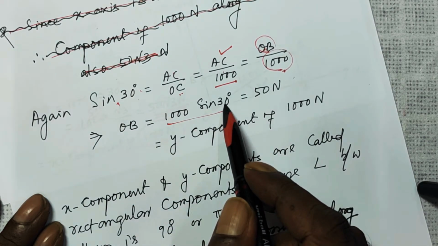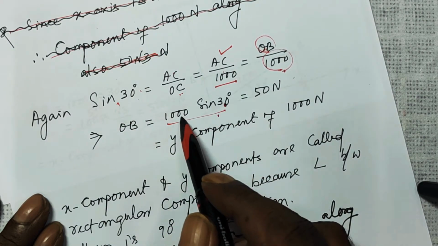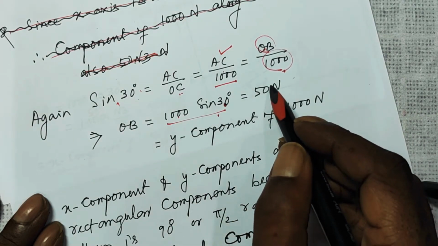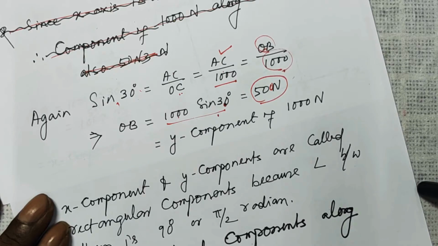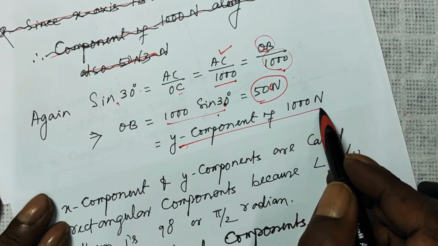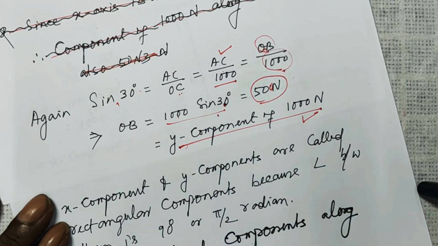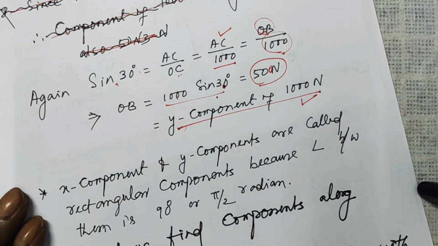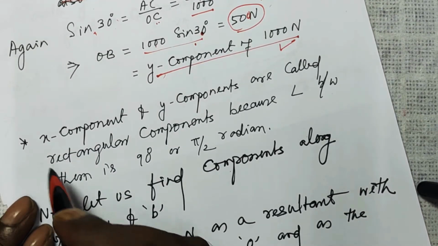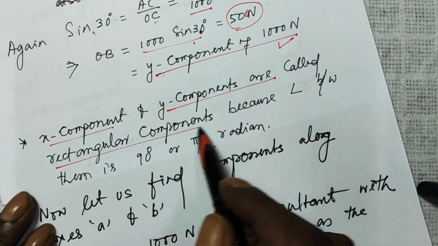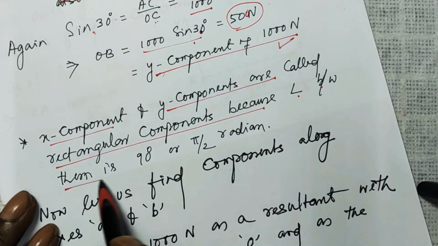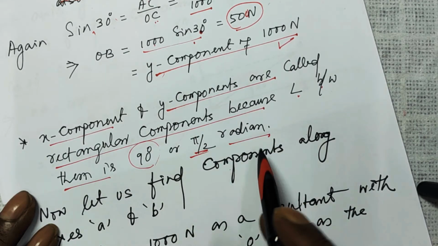Sin 30 is 1 by 2, so 500 Newton is your y component of the 1000 Newton force. As a small note, the x and y components are called rectangular components because the angle between them is 90 degrees or pi by 2 radians.